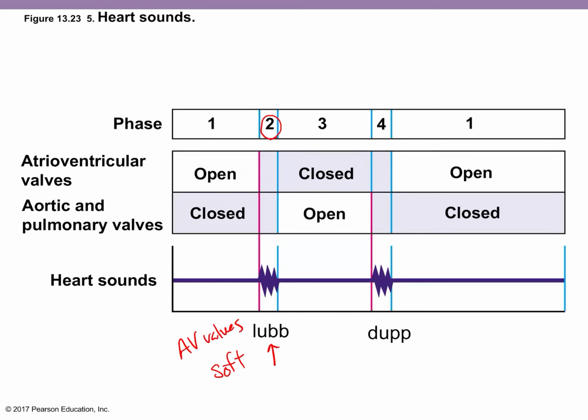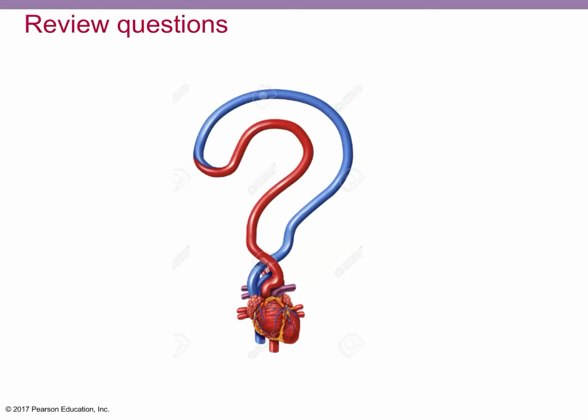And then our second heart sound is going to be the dup, the harder sound, and this is going to be the semilunars closing. Okay, so that's it. And it correlates with phases 2 and 4.